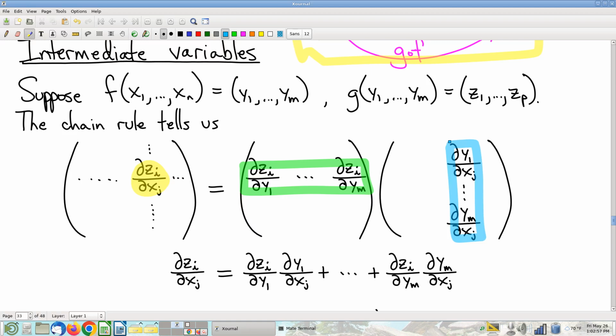And so this single entry that I'm looking for here is that dot product, and you can see what you might call the green entries right there. And you can see the blue entries like so.